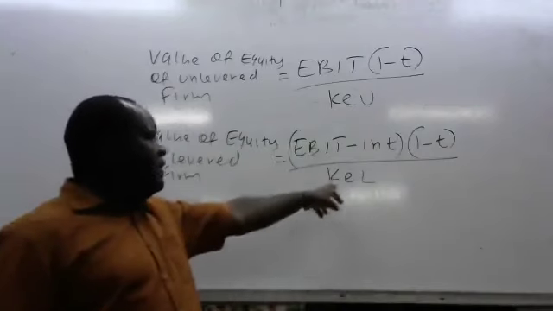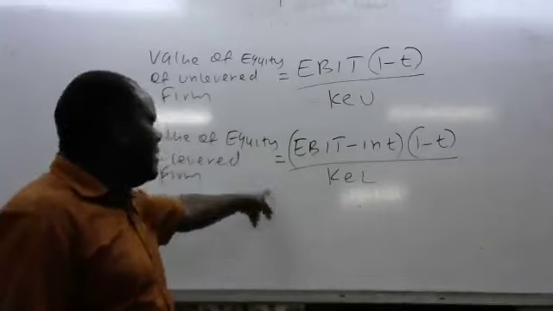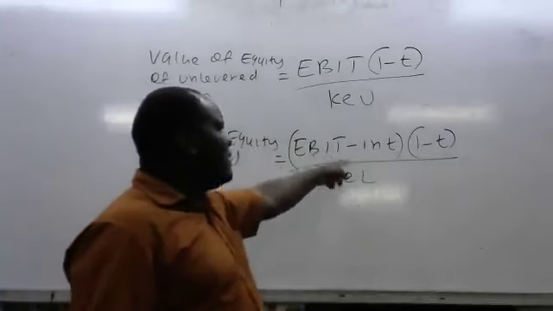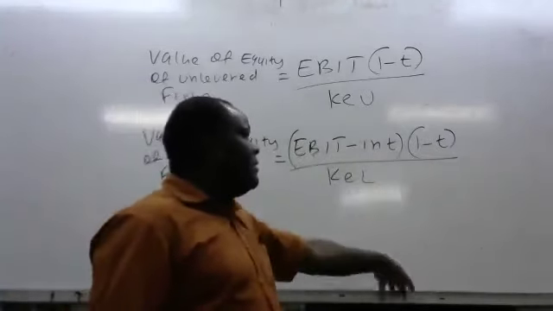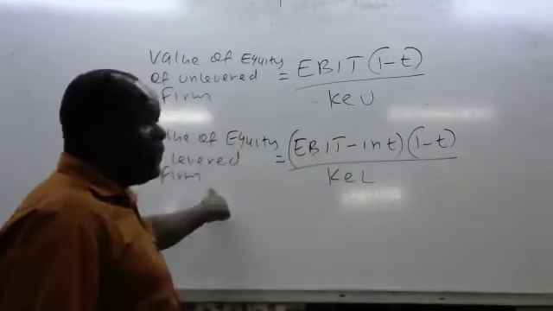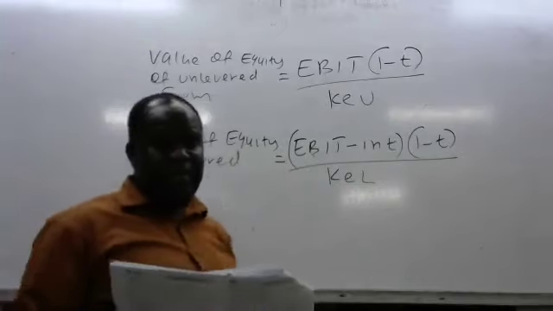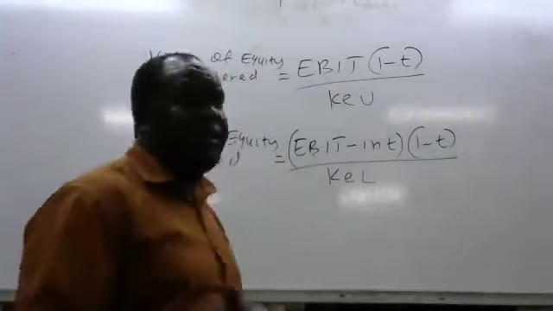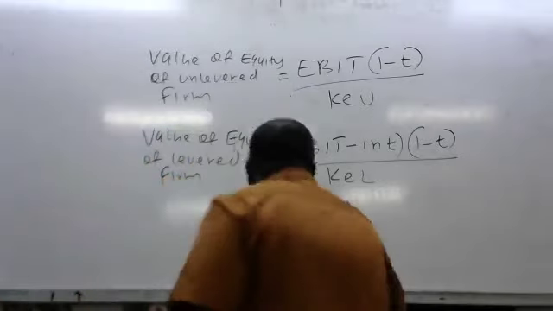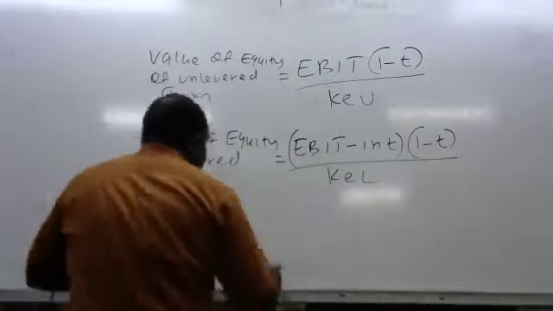We make this KEL the subject, which will be given by earnings before interest and tax, we subtract interest, then times one minus the tax. Then we divide by the value of equity of that firm because it is levered. That company has both equity and debt. So for Roman 1, they want you to get the cost of equity.